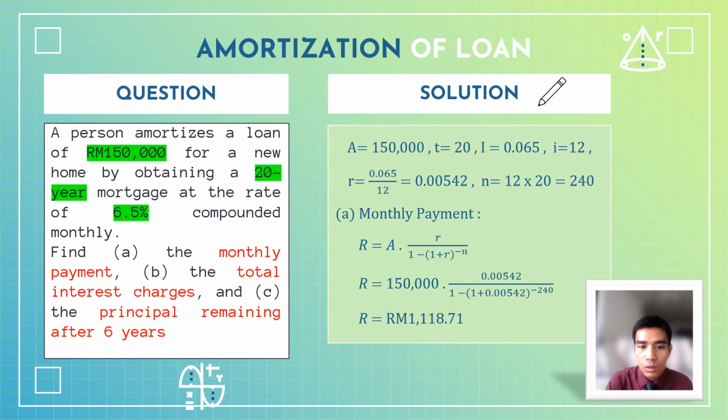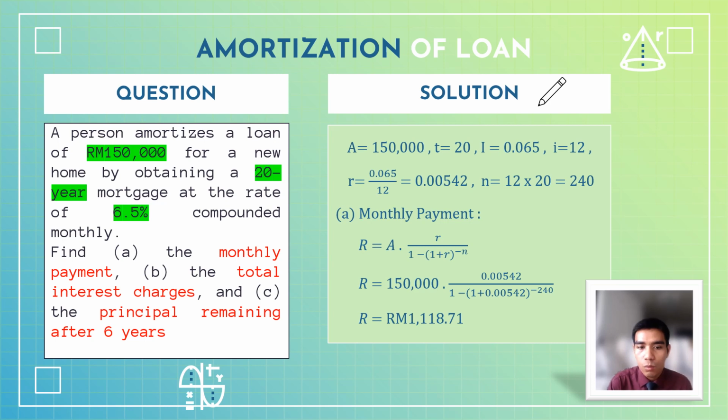So let's look at the solution of this question. For the first question about the monthly payment, we use the formula of the periodic payment. To use this formula, we need to find the amount of A, the amount of i, and the amount of n.